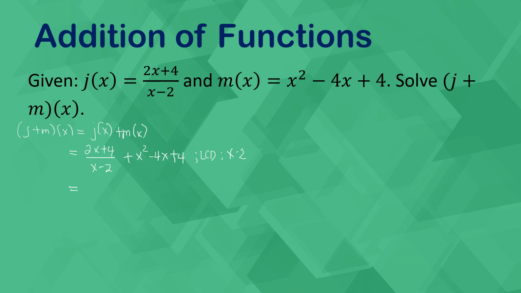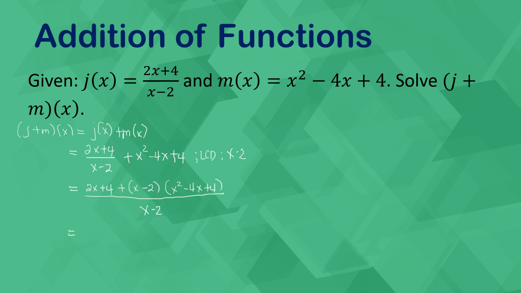So x minus 2 divided by x minus 2 is 1 times 2x plus 4 is 2x plus 4. LCD divided by 1 as the denominator of x squared minus 4x plus 4 is x minus 2 times the numerator x squared minus 4x plus 4 over the LCD x minus 2.